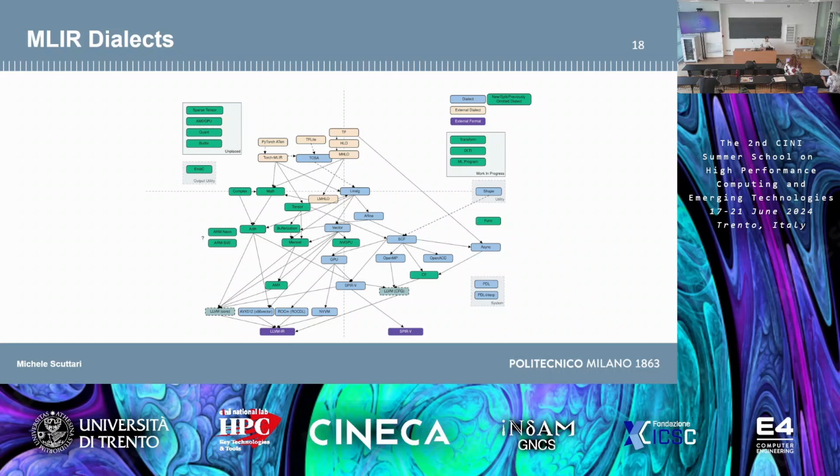Then there are core dialects, which are the ones represented in this light blue color. There are external dialects that are basically those developed by front-end developers to add a new language. You can't see, but I can tell you that most of them are for AI: TensorFlow, TensorFlow Lite, Torch.